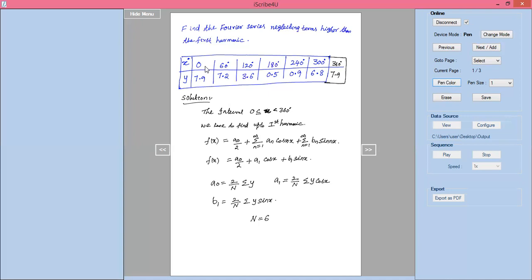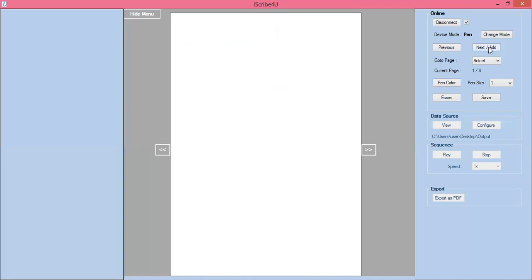Now I can prepare the table for this and substitute it in these formulas. The first column should be x degrees, the next should be y, the next should be y cos x, and the next should be y sin x.